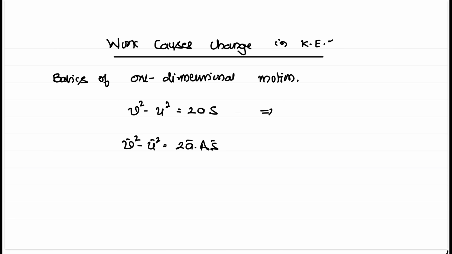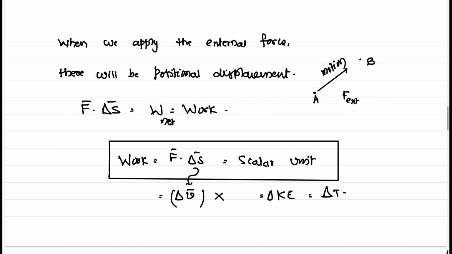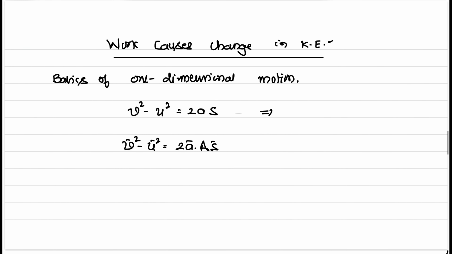S is nothing but the distance between A and B, where we have defined A and B. Then, can we say delta S is equal to 1 by 2A into V square minus U square?